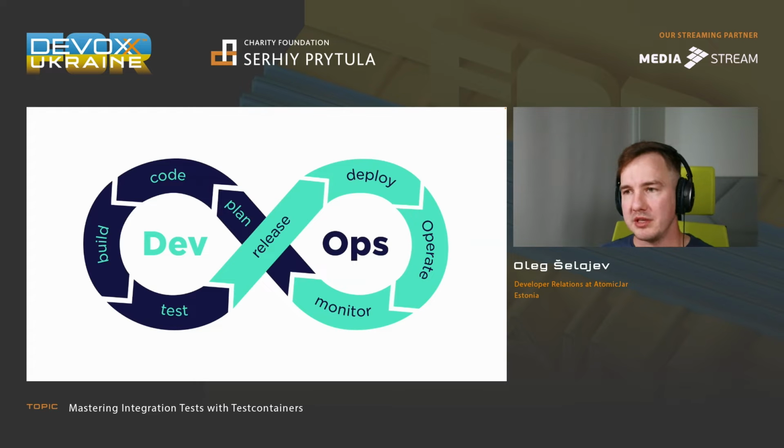When we follow the DevOps practices, we have this continuous delivery of software in the phase where we plan and build and code and release the software, and then we monitor how it behaves in production, and then that feeds back into the planning and so on. So a very important part of that DevOps loop is the testing. Before we release something into production, we actually have to verify whether whatever we coded works or not.